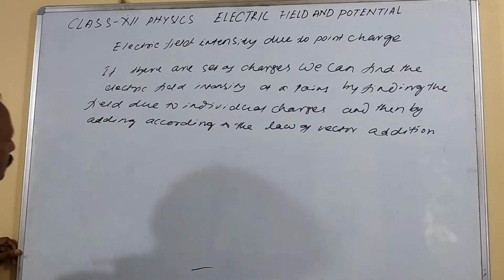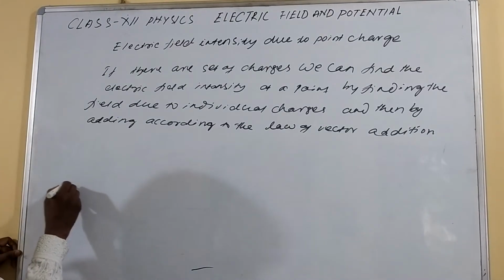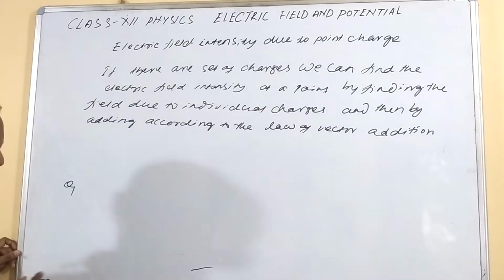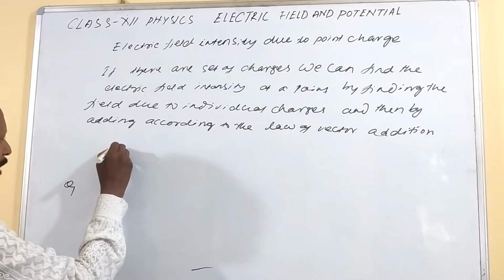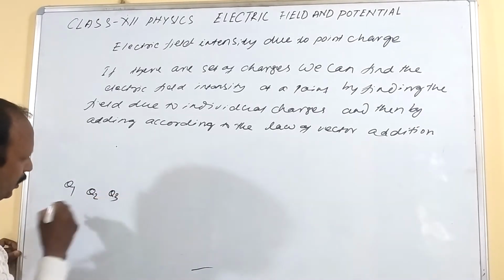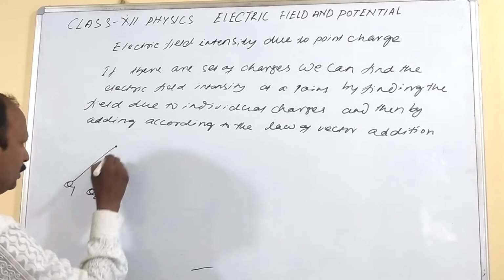Suppose Q1 is a source charge, and Q2 also a charge, Q3 also a charge.